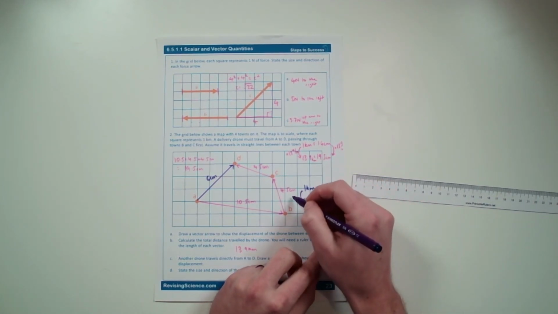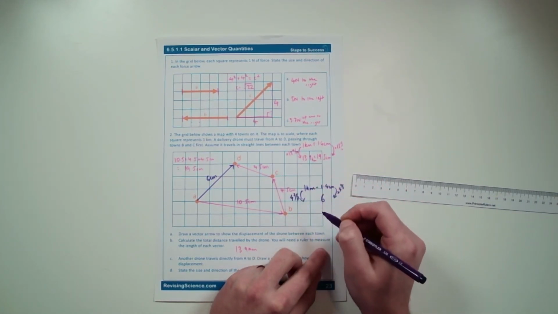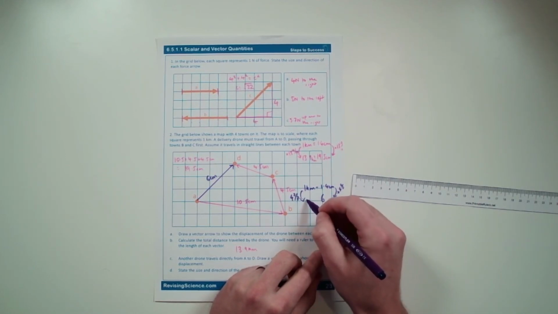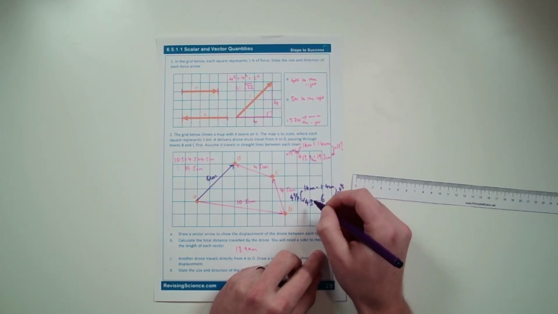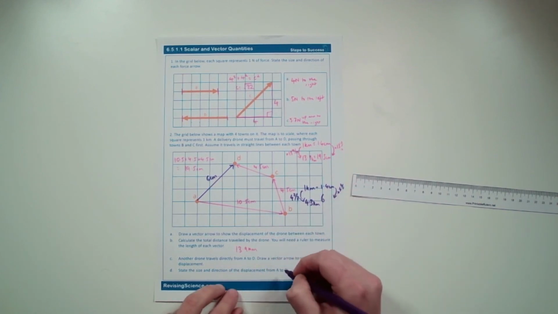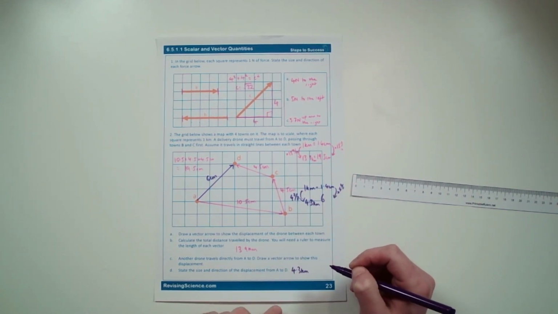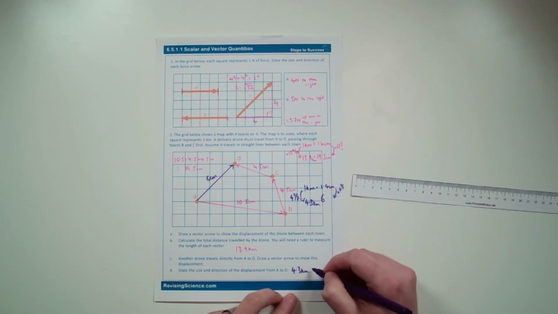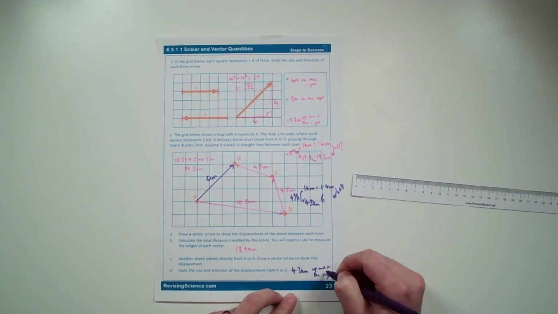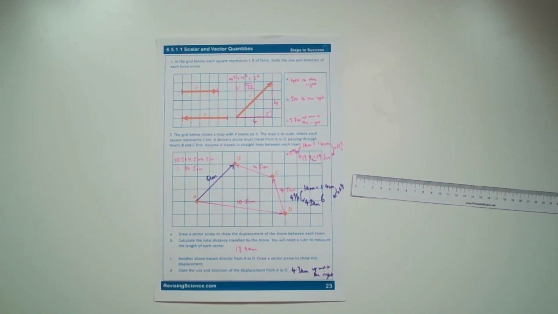So we need to do the same on this side, which is 4.3 kilometres. For our direction, we could say up and to the right. And there we have the answers to those questions.